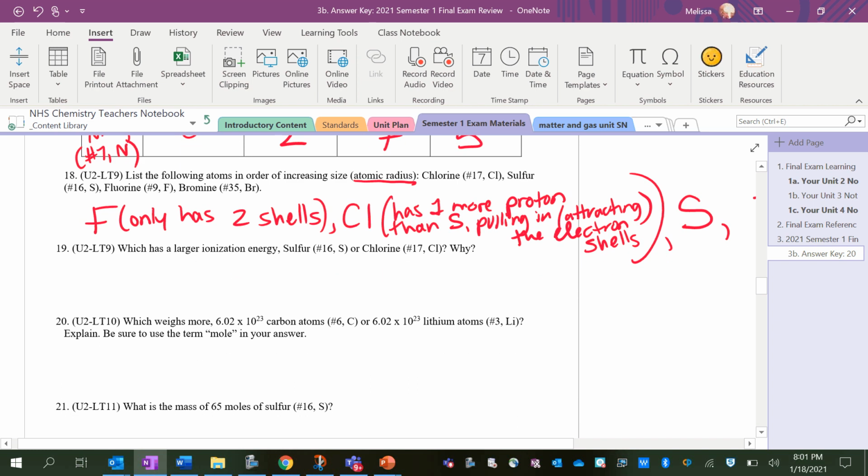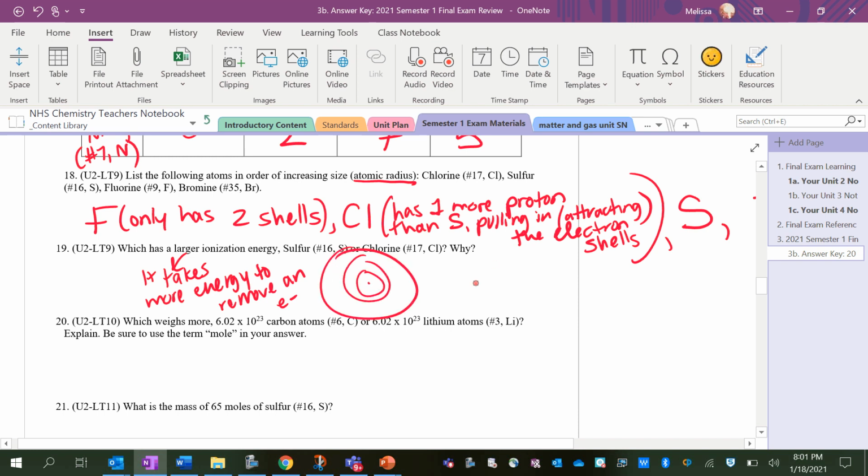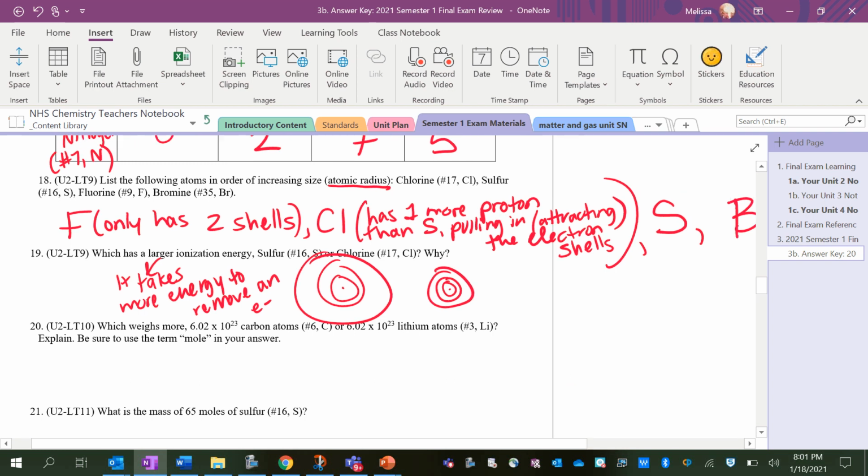Which has a larger ionization energy? And I like to just write off to the side what this is. This means it takes more energy to remove an electron. So would it be harder to take an electron away from sulfur or from chlorine? Remember, chlorine's holding them in a little bit tighter with that 1 extra proton.